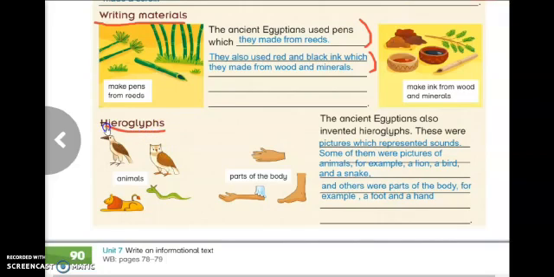Here we have subheading, we have pictures, also we have labels, and we have paragraphs.